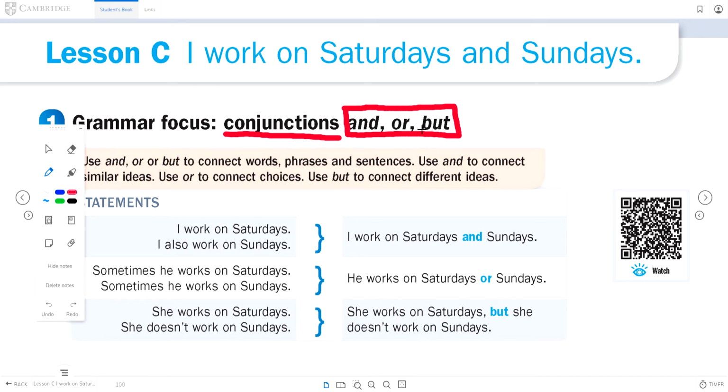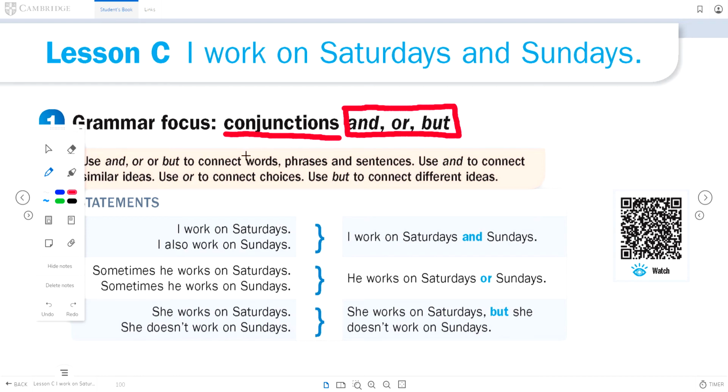These three words have different meanings. Although all three are conjunctions, their meaning is slightly different, and it's important that you know this.